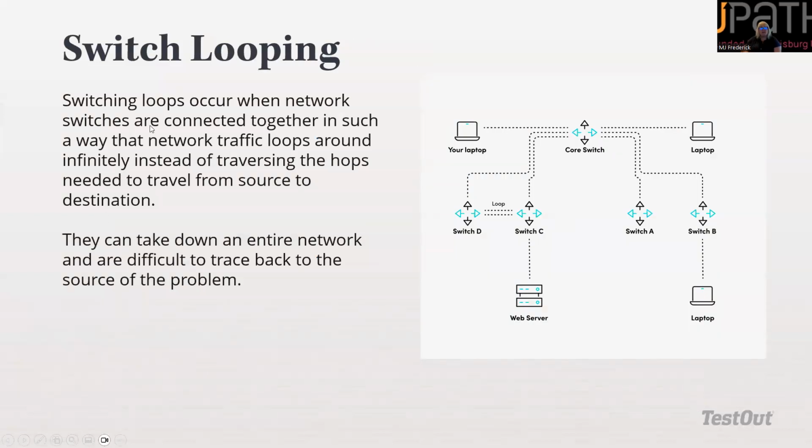Now, switch looping. Switch loops occur when the network switches are connected together in such a way that the network traffic loops around infinitely instead of traversing the hops that are needed to travel from the source to the destination. Remember, we're hopping from router to router to router to make our destination using our MAC address, right?